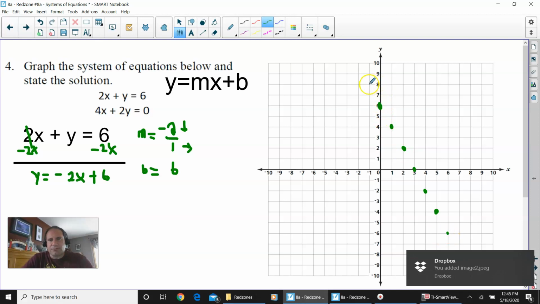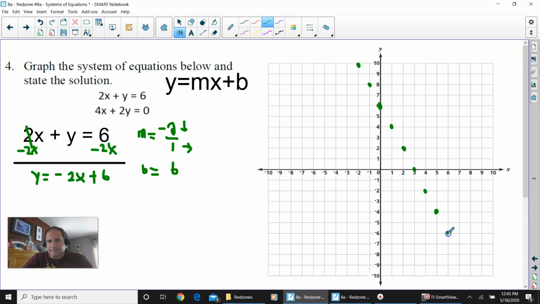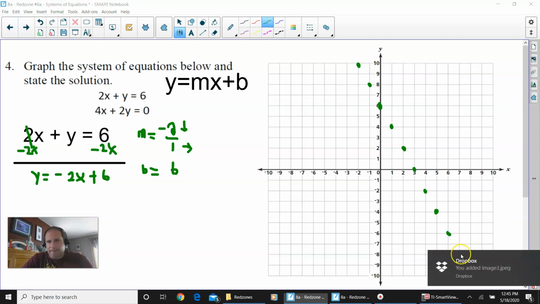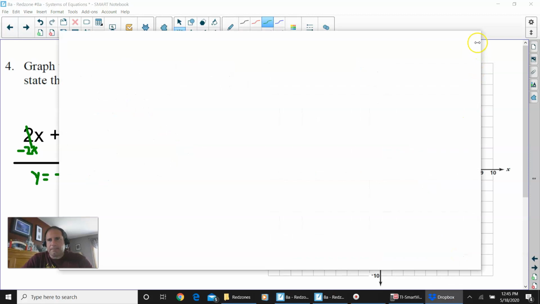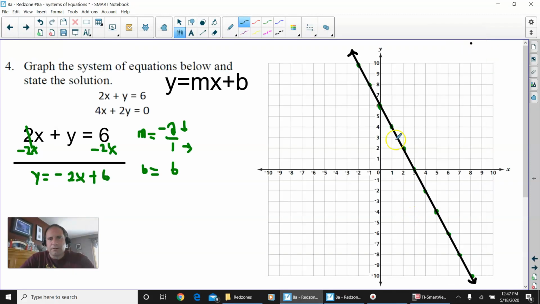Then I go up 2, to the left 1, up 2, to the left 1. Okay, so I graphed my line here and we are good to go.